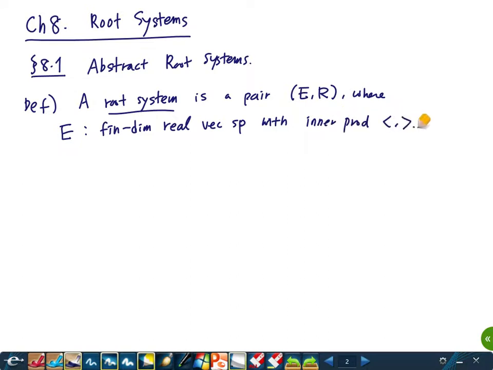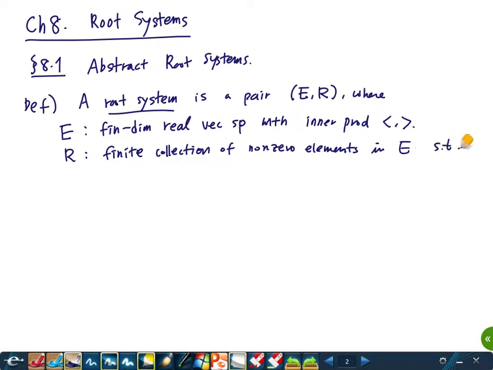And what is this R? This is just a finite collection of non-zero elements in E. So it's just a finite subset without the zero vector, satisfying the following four conditions.